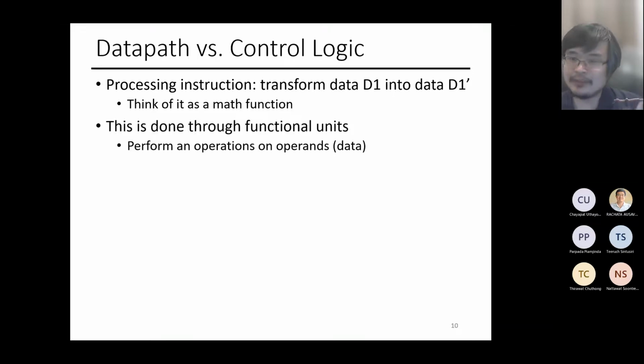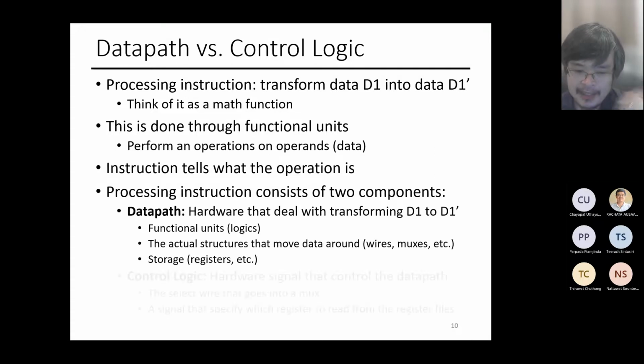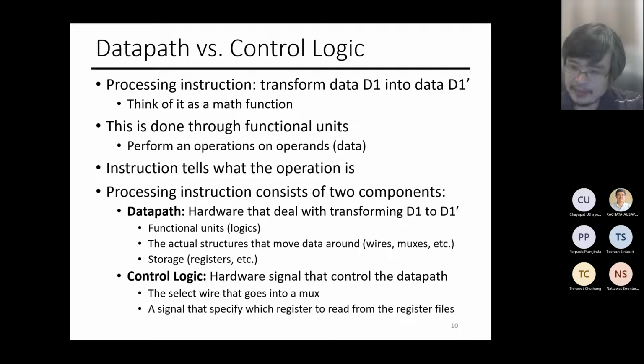Sometimes we call this a functional unit, or ALUs, as well as registers, basically the components that transform the data for me, right? The instruction would tell what the operation is, and the datapath, again, transforms D1 to D1 prime.